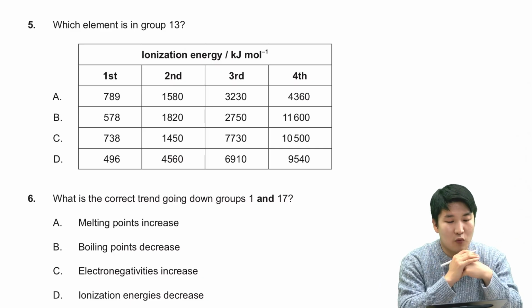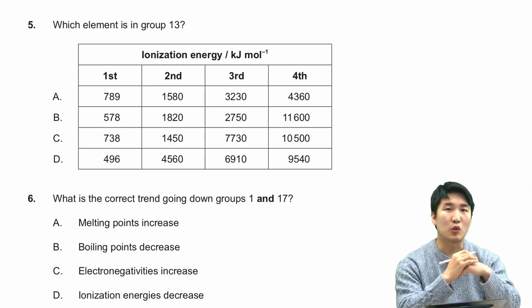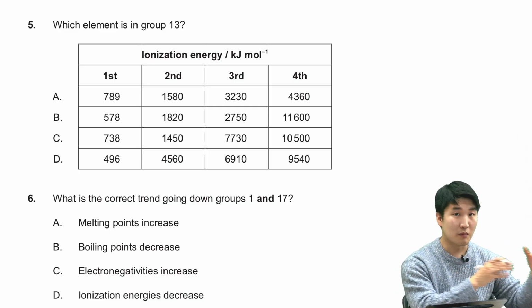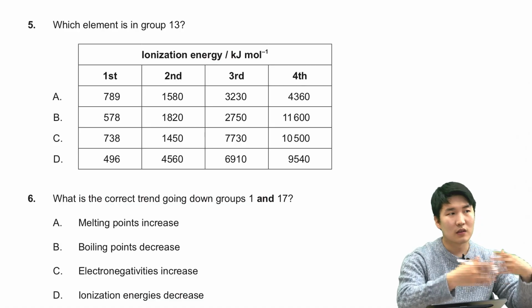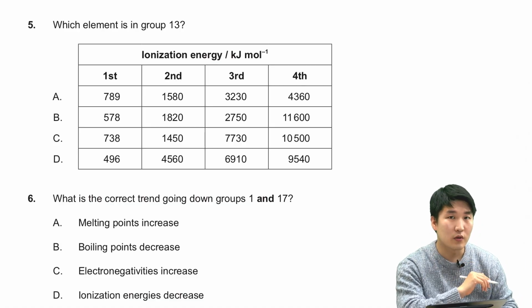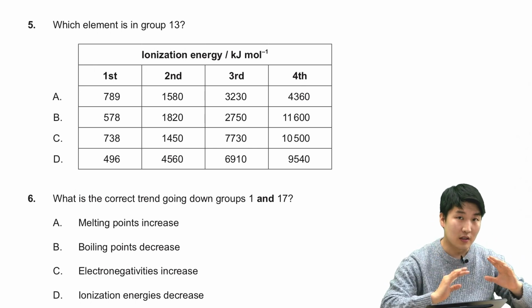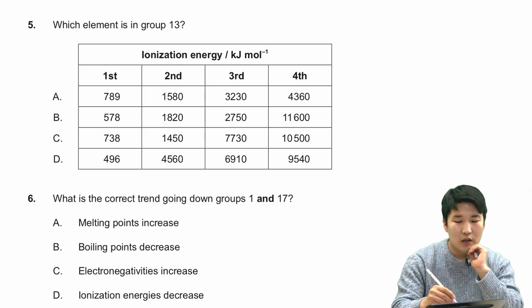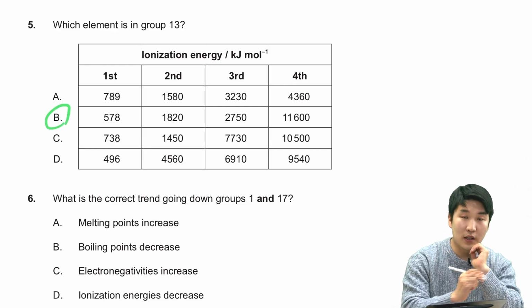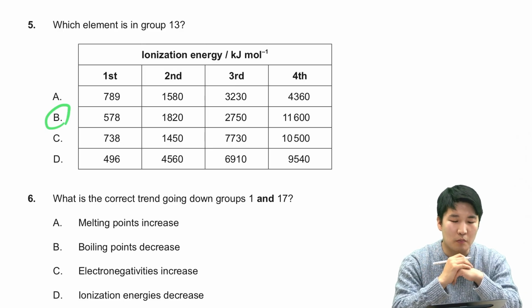Which means that for group 13s, we would expect there to be a big jump between the 3rd electron being removed, which is the final valence electron remaining, and the 4th electron, which would be from the electron shell underneath. It appears that option B has a big jump between the 3rd and the 4th, which is why we know B would correspond to a group 13 element.